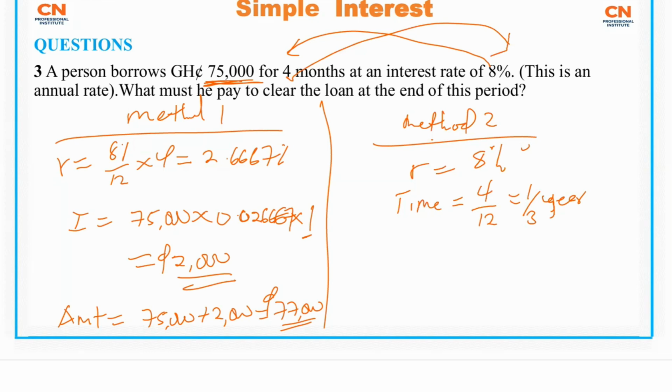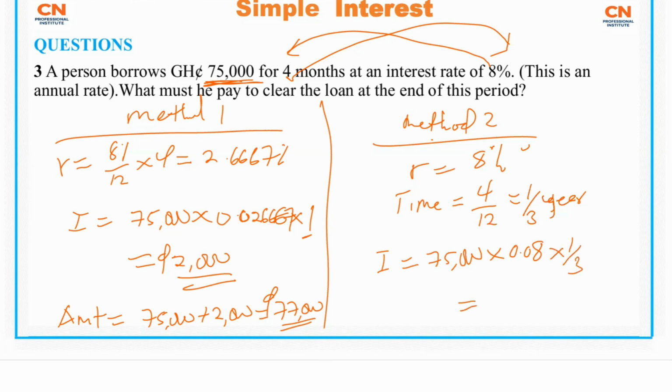Okay. So in that case, how is it going to be? Your interest is equal to the principal, which is the same 75,000. The rate will be 8%, which is 0.08. I told you, if you divide by 100, then you can use the whole 8. Then times the time, which is 1 over 3.